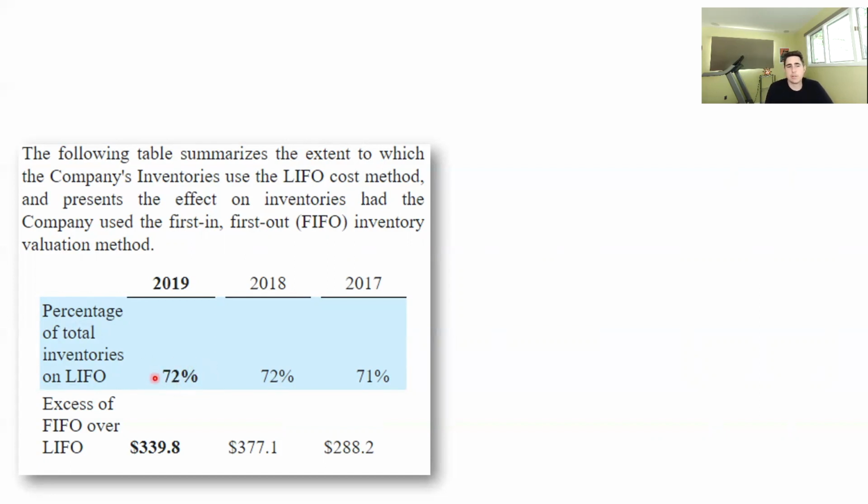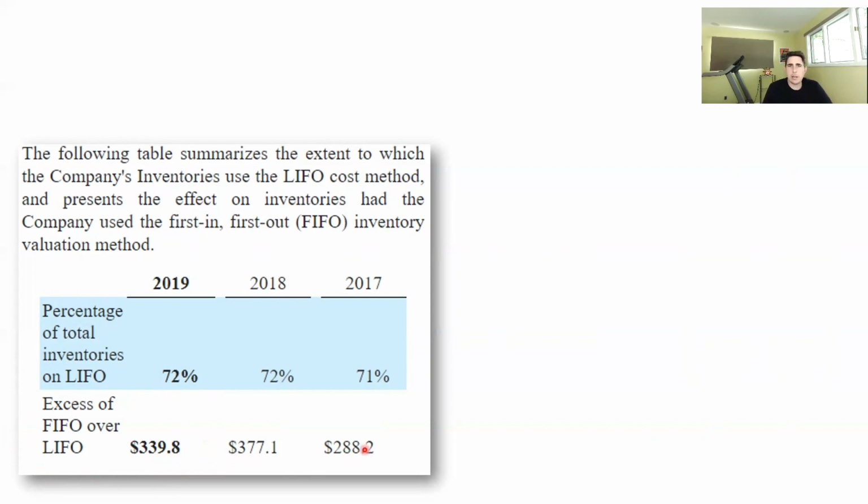So 72% of their inventory is accounted for using the LIFO method. And here they have something called the excess of FIFO over LIFO of 339.8. That number is going to be called the LIFO reserve, and they're reporting it to you for the past 3 years.